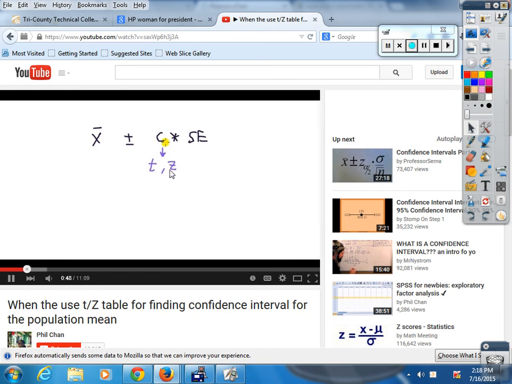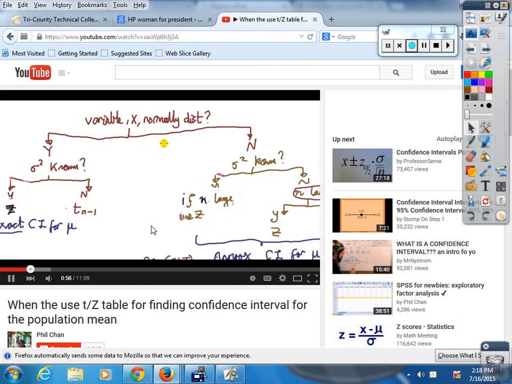Look, it says T or Z. This is important, and this is the bit where students make mistakes. Variable normally distributed where sigma is known. Okay, there it is, right here.